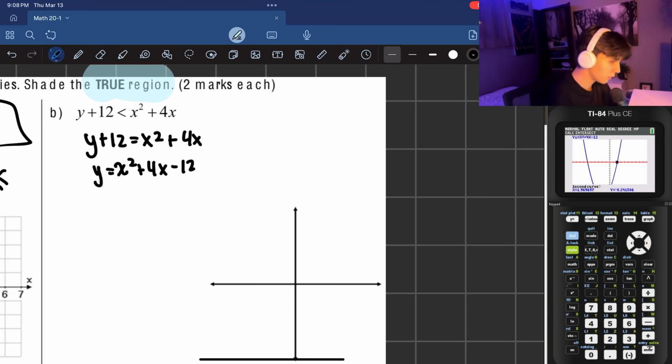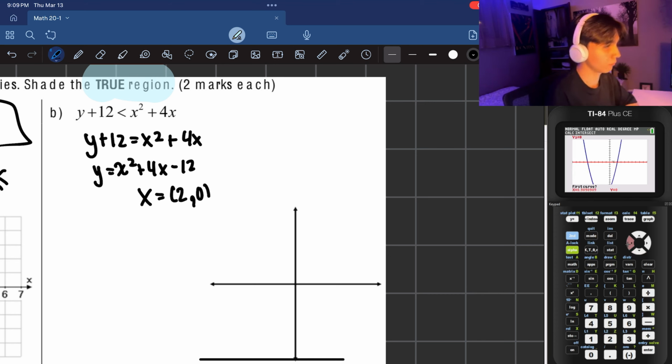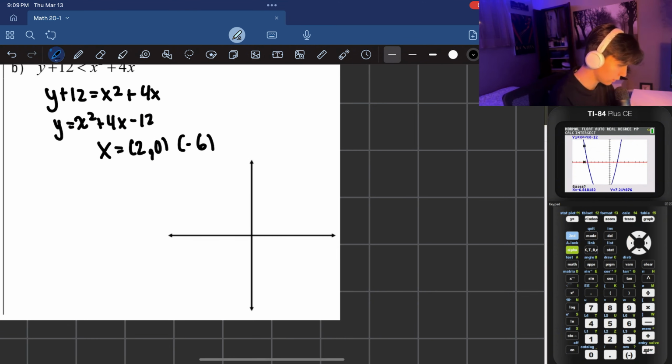So we get our zeros as x equals 2, 0. And let's find the other one. And this one looks to be about negative 6. So we get negative 6 and 2 as our zeros.